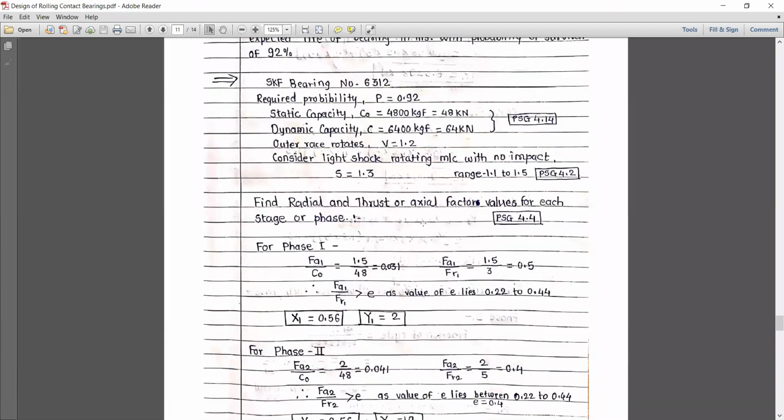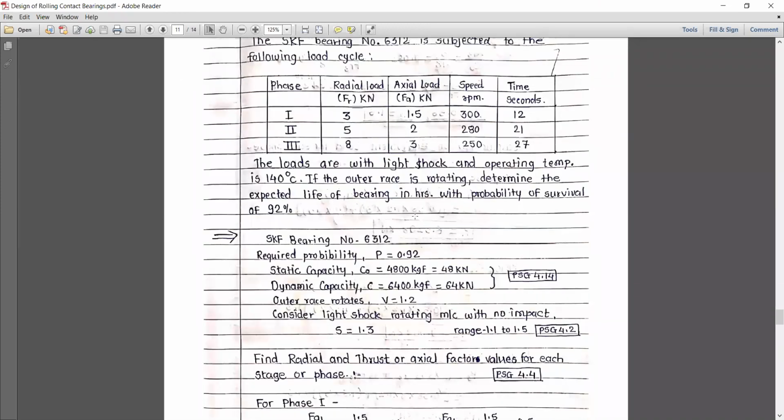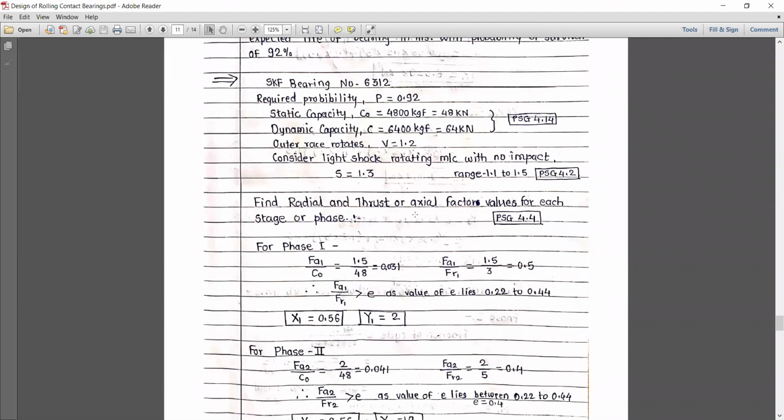as they have provided that light shock and operating temperature is given. So we are considering a rotating machine with no impact, and the range of that is 1.1 to 1.5, referring to PSG page number 4.2.